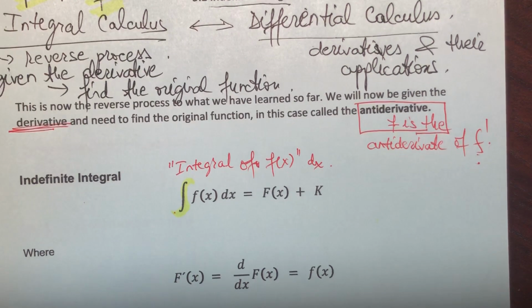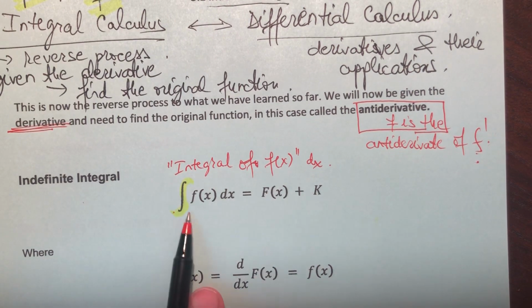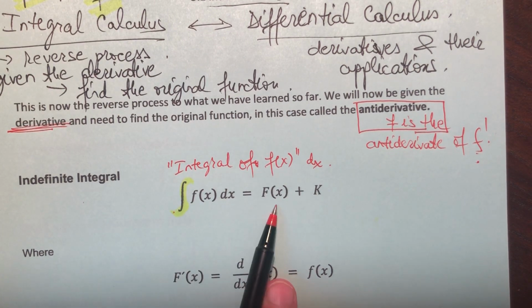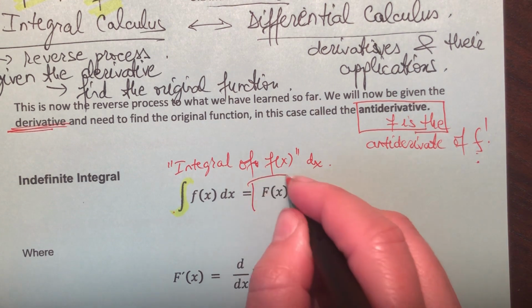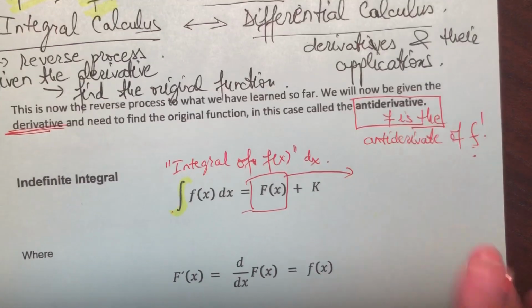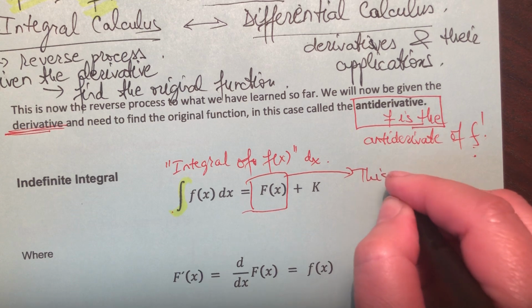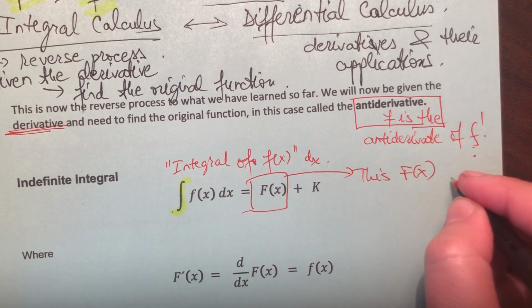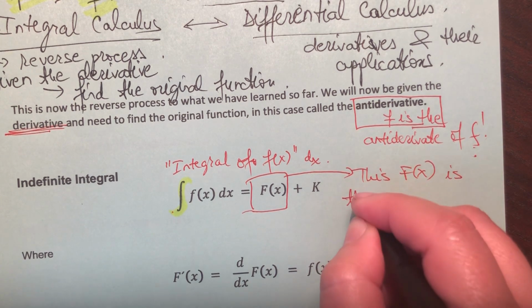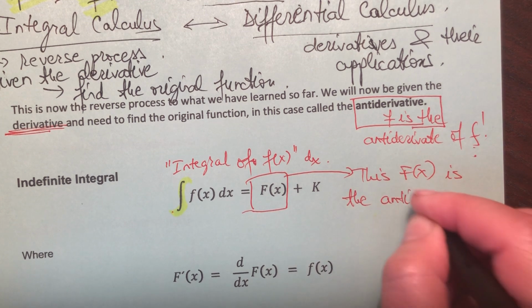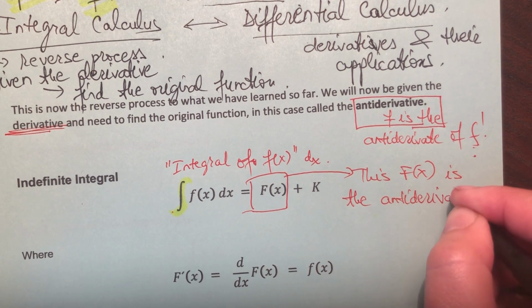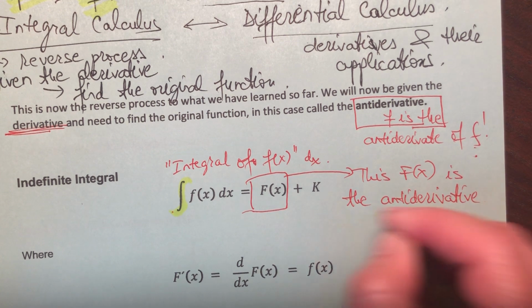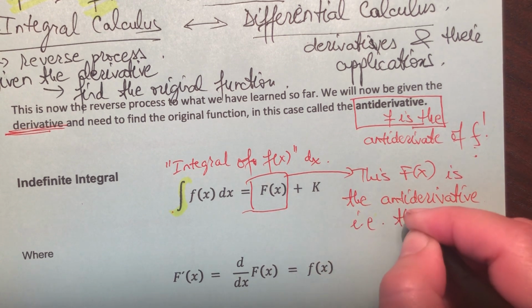Okay, so the integral, that's how we would read this. The integral of f of x dx is some other kind of function. And again, this f of x is the antiderivative, in other words, the original function.